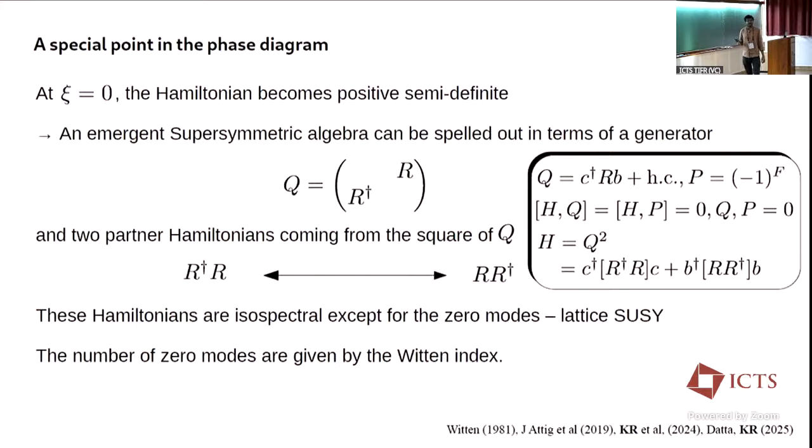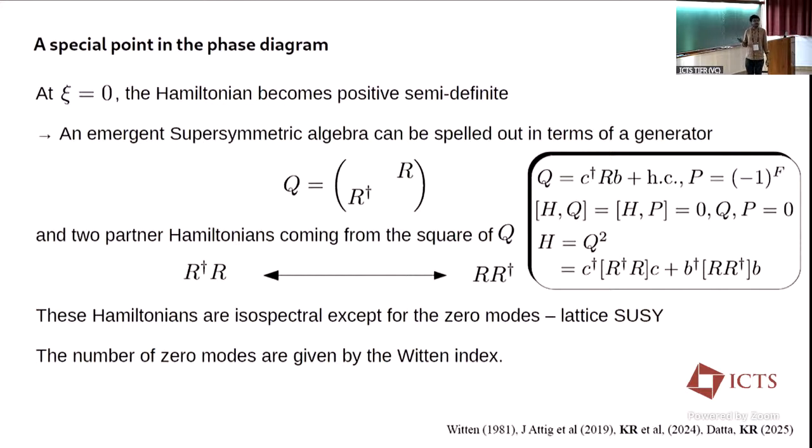In supersymmetric quantum mechanics, there is an exact energy correspondence for all finite energy eigenstates. So all non-zero energy levels are doubly degenerate. That is expected from the structure of RR dagger and R dagger R, but the zero energy manifold can be different.